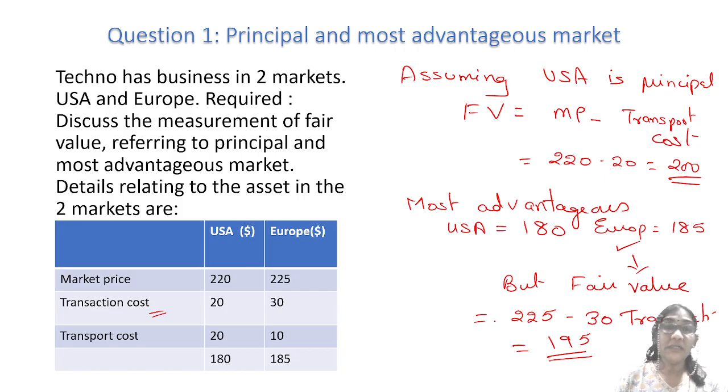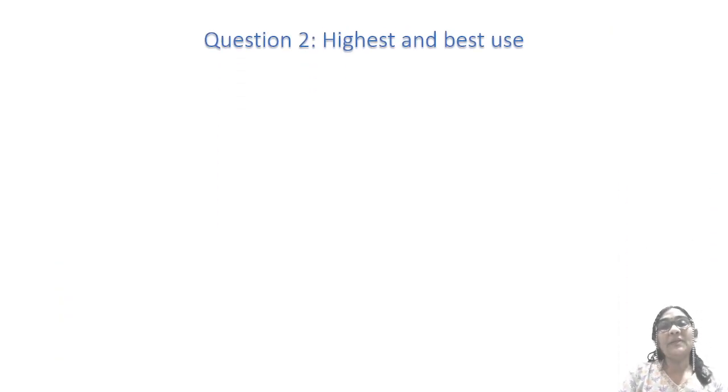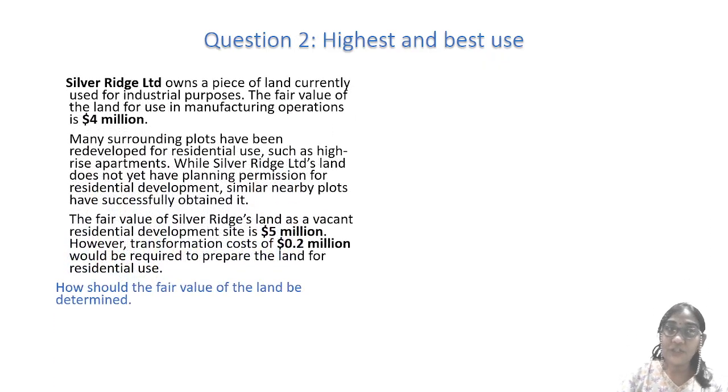So remember, the transaction cost can be applied to identify the advantageous market, but for measurement of fair value, you will exclude the transaction cost.